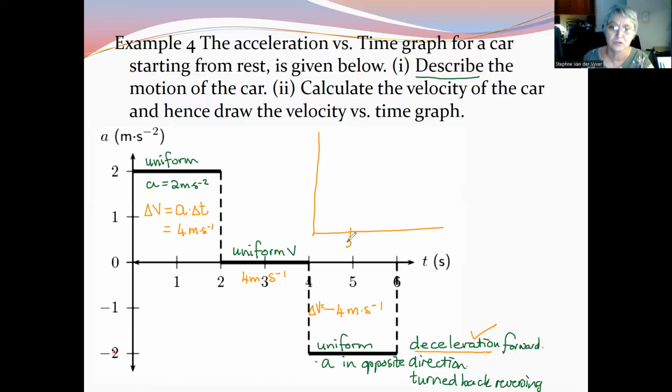In the first 2 seconds, his velocity changed from 0 to 4. Then in the next 2 seconds, he was traveling at a constant velocity. And in the last 2 seconds of motion, he was moving forward, but he was going to a stop, from 4 meters per second to a stop.